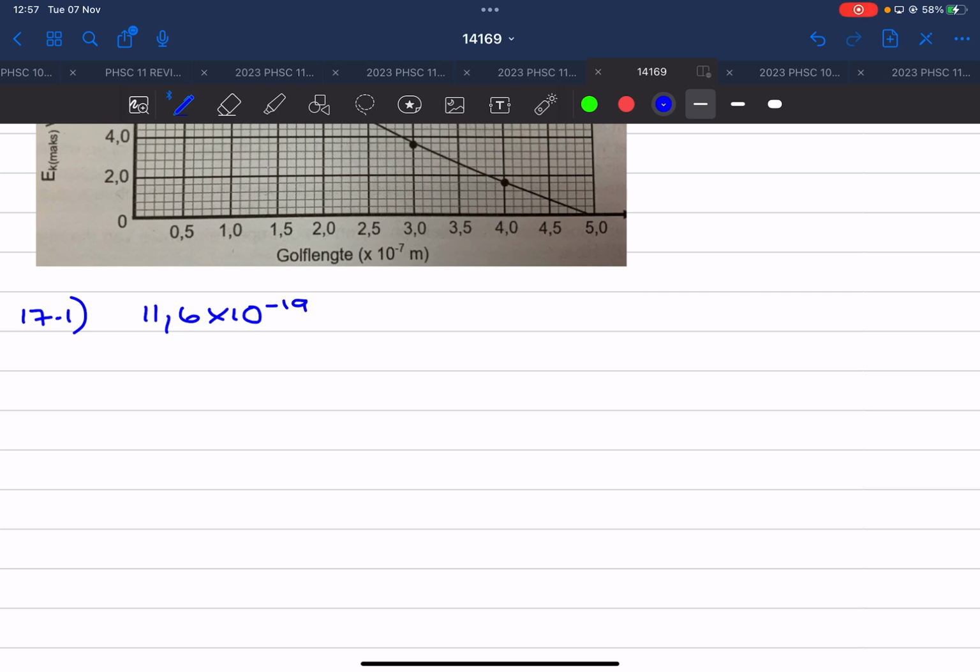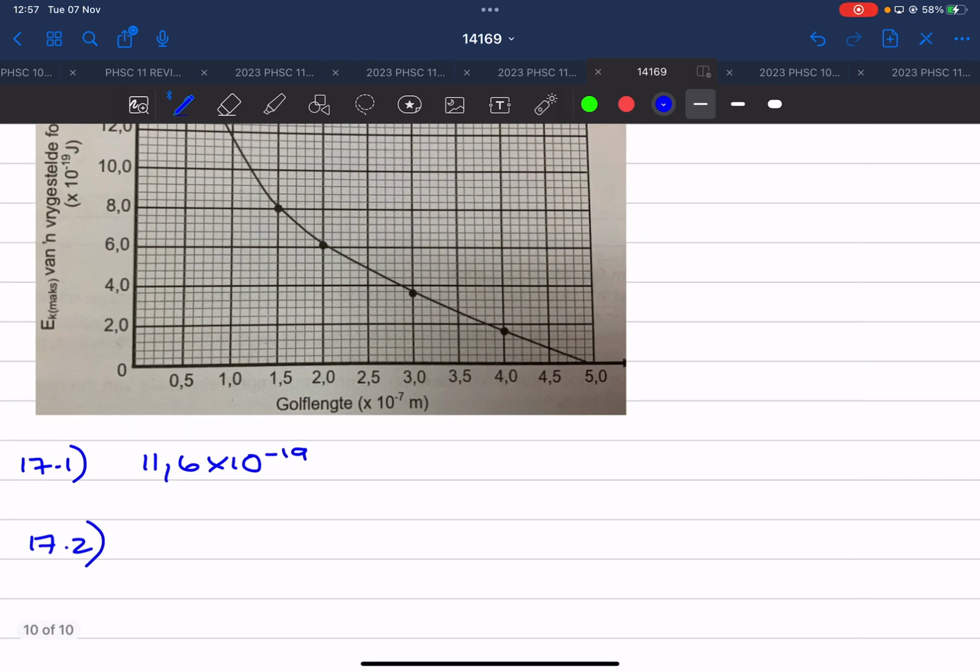Okay, good. Then question 17.2, I ask you: what relationship is there between maximum kinetic energy and the emitted photoelectron and wavelength, and we said they're inversely proportional to one another. So you're going to say kinetic energy is inversely proportional to the wavelength, or you can say as the wavelength increases, the kinetic energy decreases.